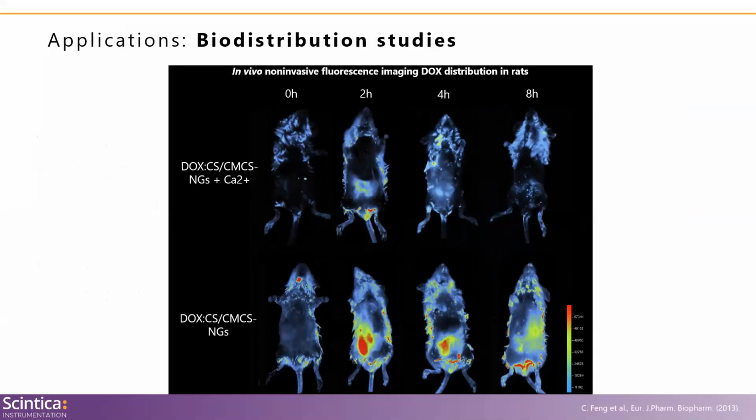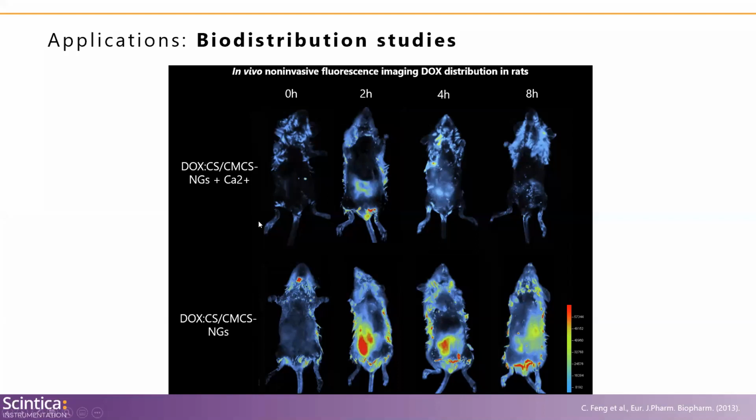So this is an example of fluorescence imaging. This group was interested in studying the potential mechanisms used to enhance the bioavailability of doxorubicin hydrochloride. And so in this study, rats were either given dox-loaded nanogels with or without calcium. For the sake of this webinar, I don't really want to focus on what those two different conditions mean, but rather the information we're getting.